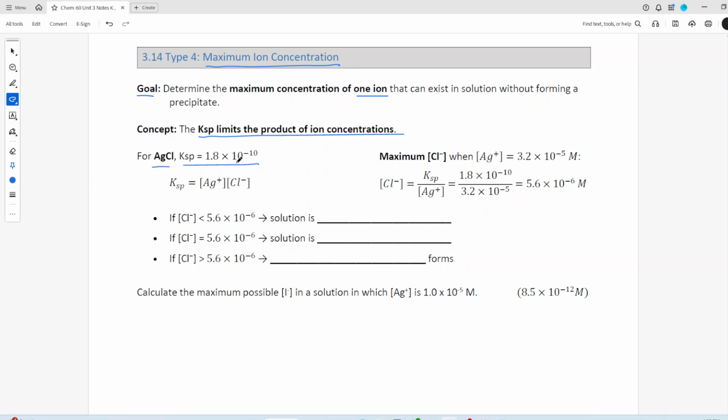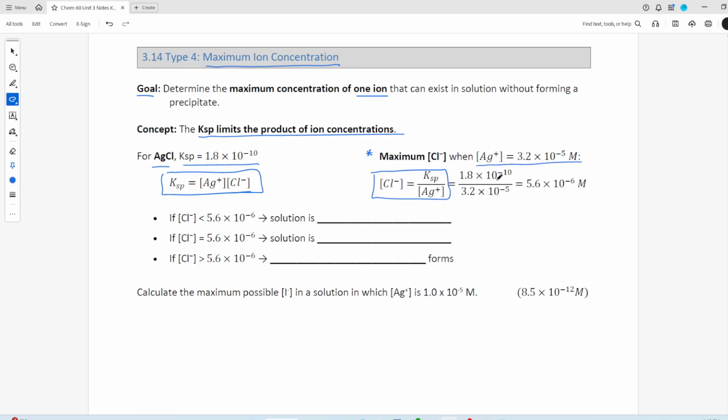If I wanted to find the maximum chloride ion concentration when the silver concentration is 3.2 times 10 to the negative 5, I could say that chloride would equal KSP divided by the concentration of silver. This is just a rearrangement of this equation here.